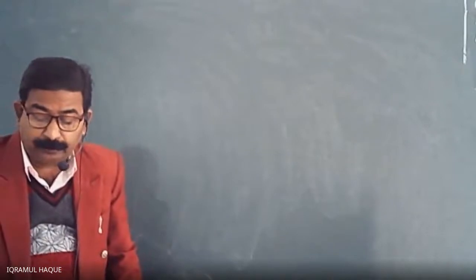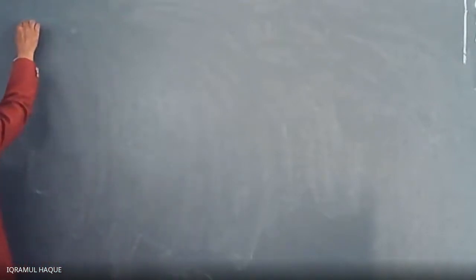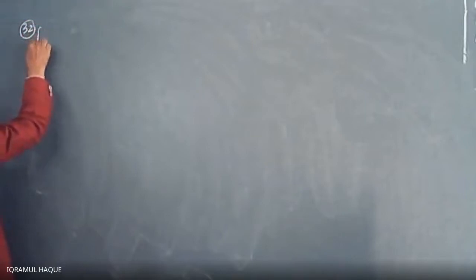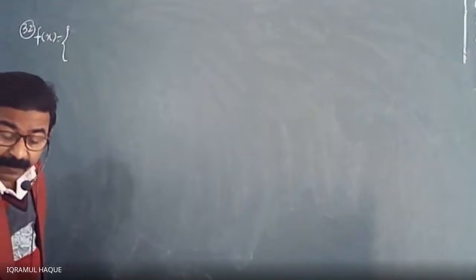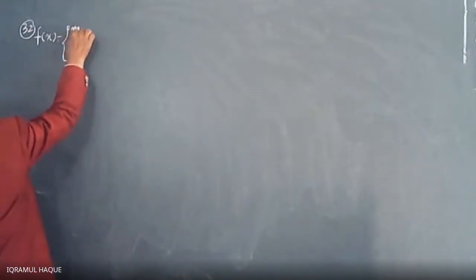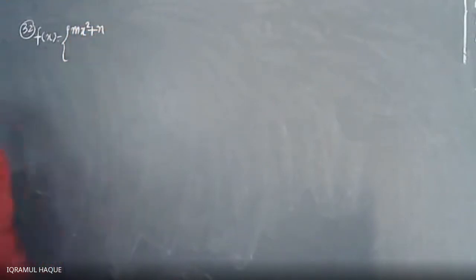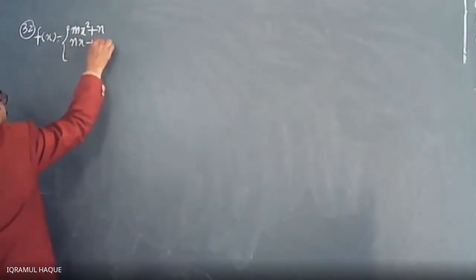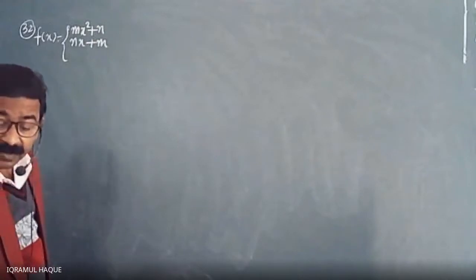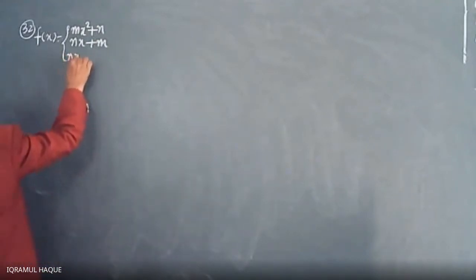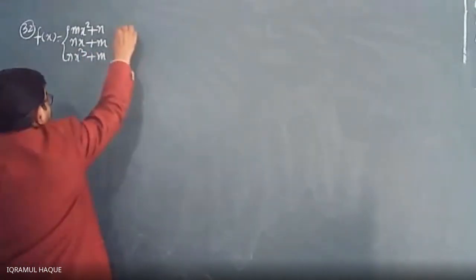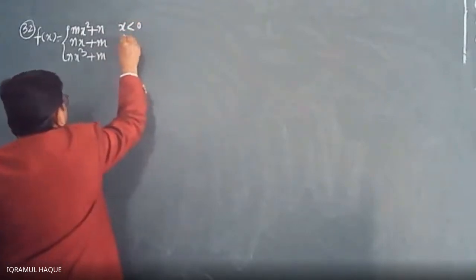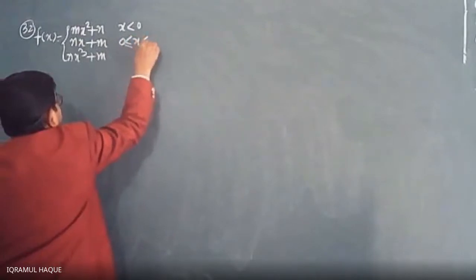Last question, 32nd. f(x) is equal to mx square plus n, for x less than 0. The second function is nx plus m, for 0 less than or equal to x less than or equal to 1.